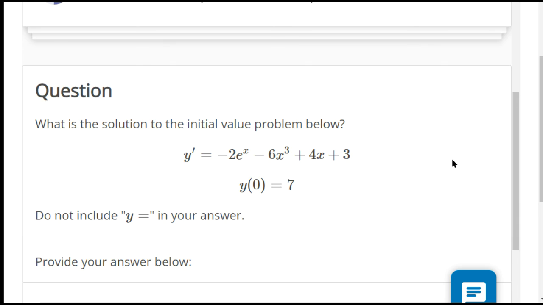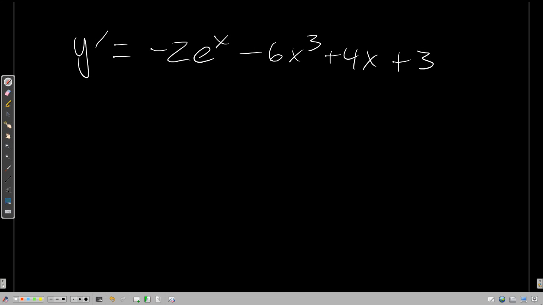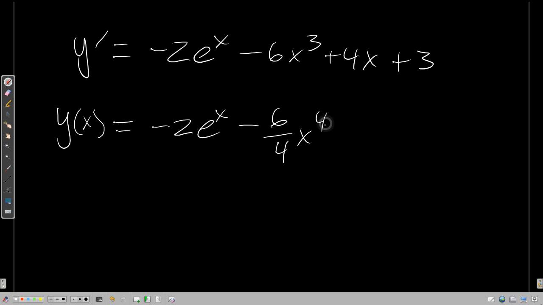And hopefully we are done soon with these. Y prime is minus 2e to the x minus 6x cubed plus 4x plus 3, and y of 0 is 7. Okay, so integrate both sides, you're going to get a function of x whose name is y. This would be minus 6 over 4 x to the 4th plus 4 over 2x squared plus 3x plus c.